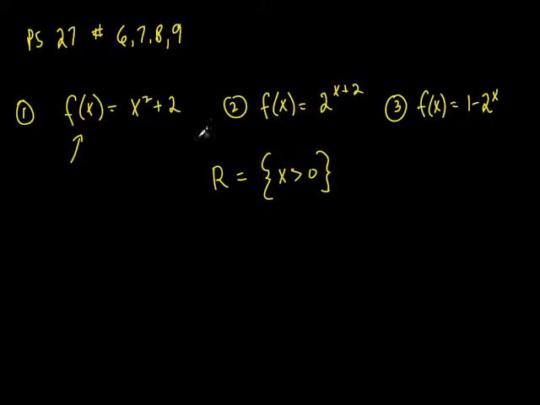So remember, the range is all the positive numbers, so anything that's greater than 0. But watch this. If I stick a number in for x, it doesn't matter if it's a positive number, a negative number, or anything. Even if it's a negative number, this is going to come out positive. Would you agree? So no matter what you put in here, a fraction, a decimal, it doesn't matter.